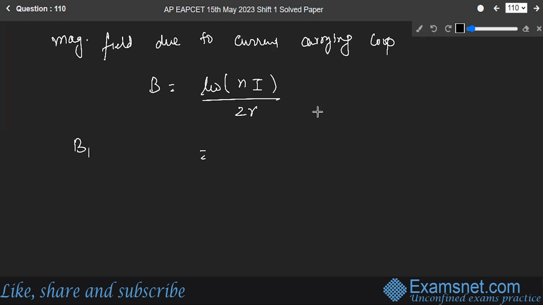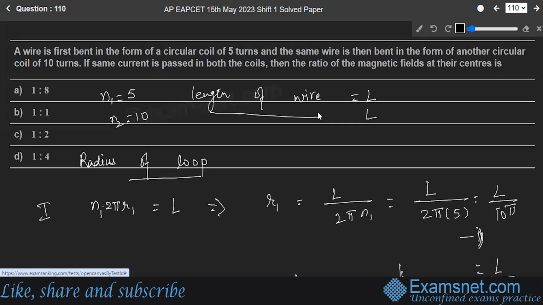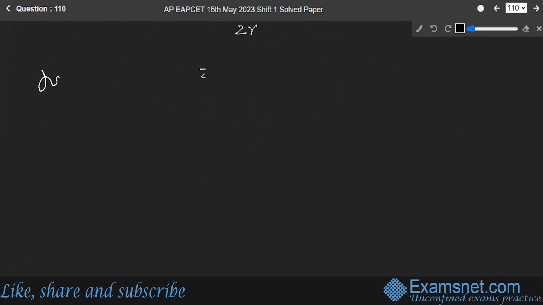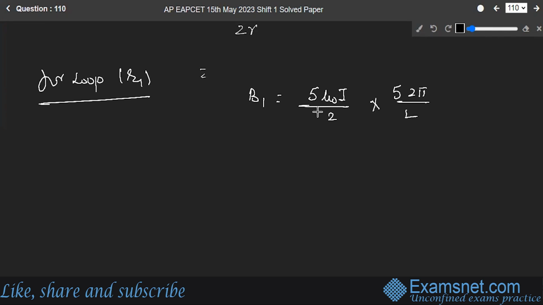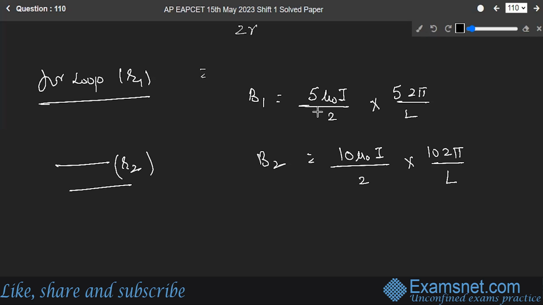For the loop with radius R1, B1 is equal to 5 mu naught I upon 2 multiplied by 2 pi upon L. And for the loop with R2 radius, you have B2 as 10 mu naught I upon 2 into 20 pi upon L. Say this is equation 3 and this is equation 4.